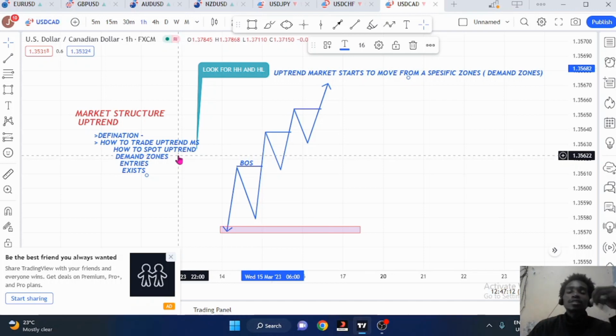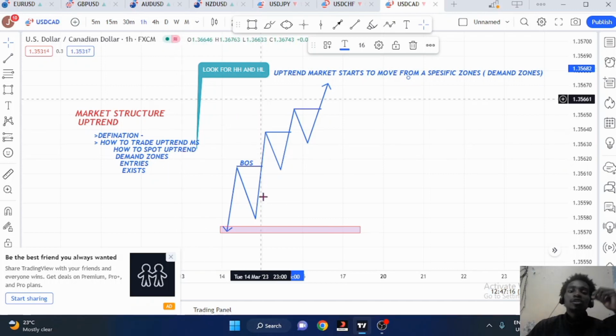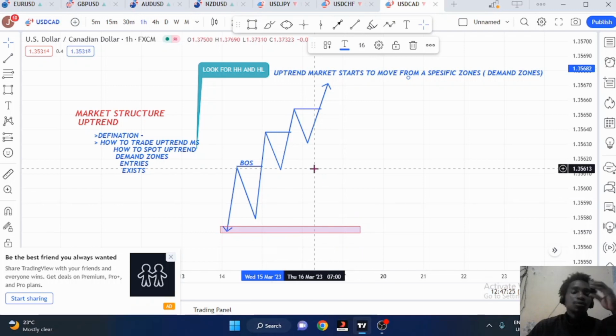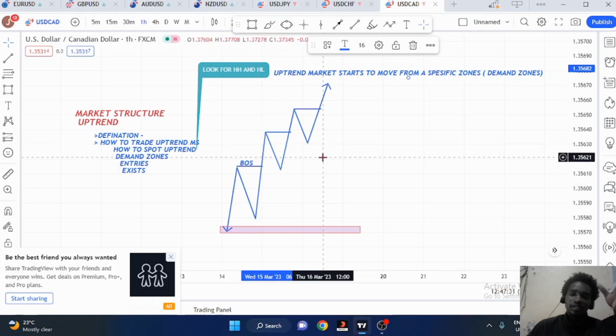It's not a single line, it's a zone. Therefore, it's very good for you to draw a zone like this, using a rectangle here, right? Now I will show you an example of a trade.